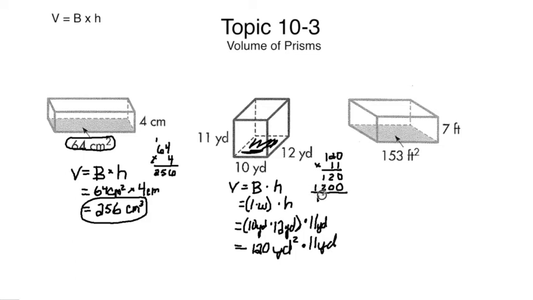So we come out with 1,320. So that equals 1,320. Now, what's a yard squared times a yard? Well, that makes it a yard cubed, or cubic yards. And circle your answer. Did you get that one?